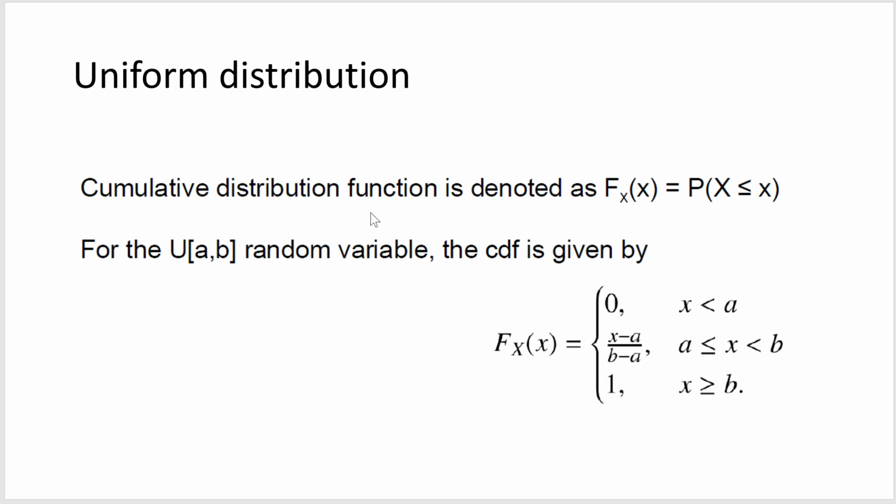So the uniform distribution's cumulative distribution function is denoted as F of x, equal to the probability that X will be less than or equal to x, a value.